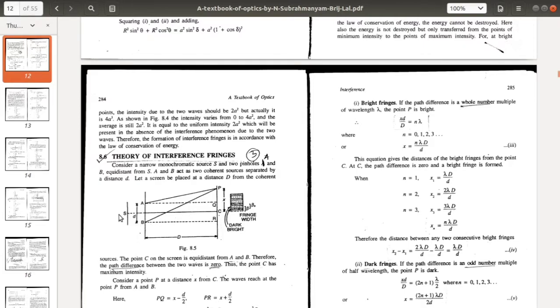What we are doing is using white light instead of a monochromatic source here. White light is colored; it varies from blue to red.